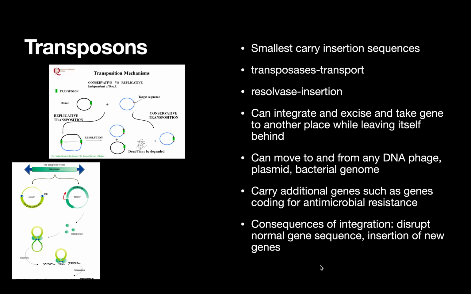So the consequences of integration: first you have to disrupt the normal gene sequence, and then you have to insert the new genes. This is problematic for the host cell. So we're not saying bacterial cell, we're saying if this bacterial cell infects the host cell. So let's say it's a cervical cell of a human.